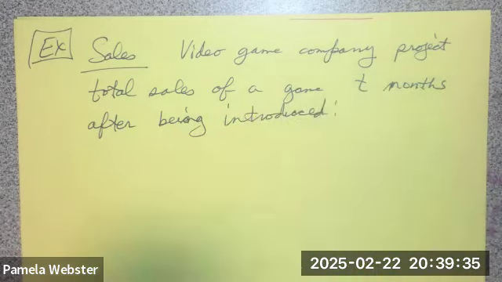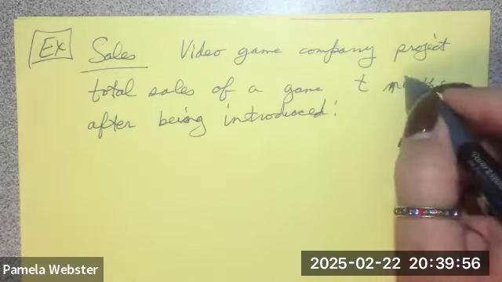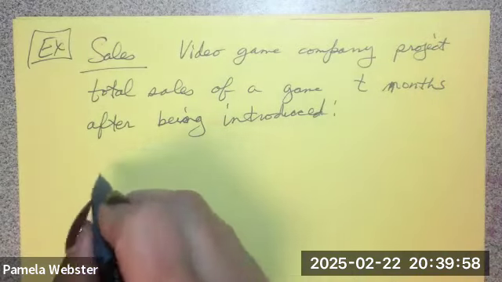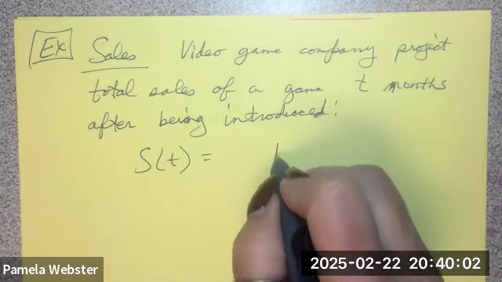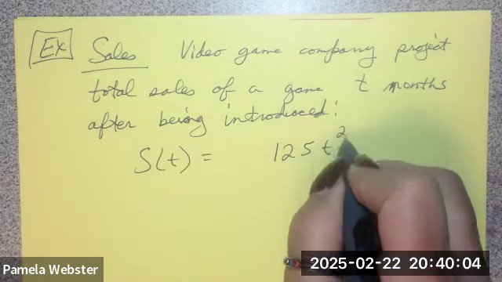Well, it's given to me in the problem, but in the real world, if you were working with a really big company, they would have people who go out and do marketing, people who go out and do surveys, people who go out and beta test things and say, hey, we got this new video game that's coming out. Would you be likely to buy it and things like that? So they come up with these formulas. You're not necessarily going to have to come up with these formulas, but these people do.